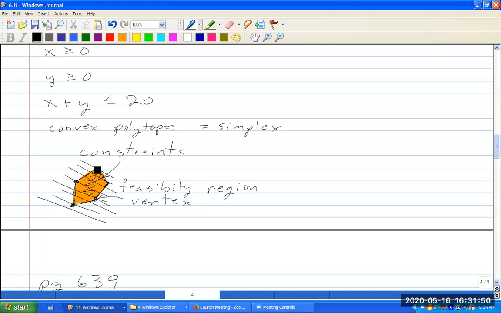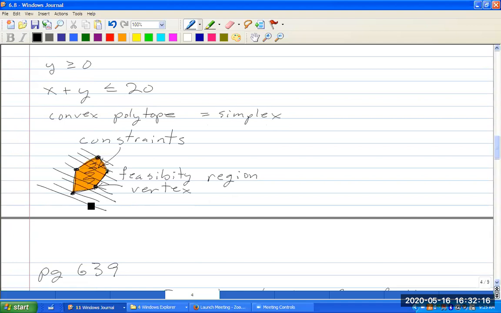Now, it could be that your line is such that it intersects here, connecting two of these vertices, in which case the optimal solution will be along this whole line, along one of these sides of your simplex. So let's do some examples.